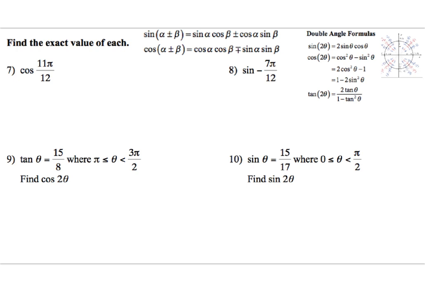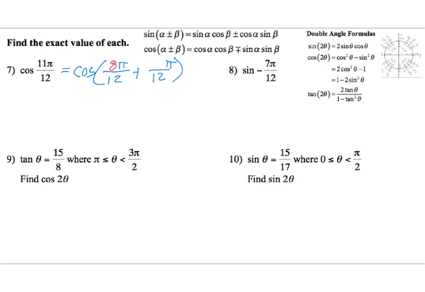Alright, next up we got to use some double or angle sum identities in different ways. If you're given something in twelfths, what we really want to do is to think about this as cosine of something pi over 12 plus something else pi over 12. Now I want to do this in a way that's going to let those reduce.